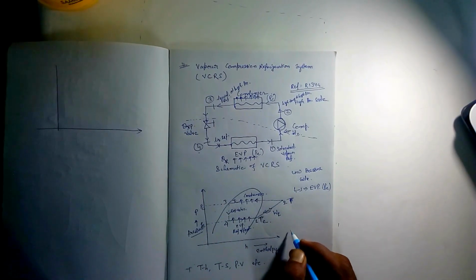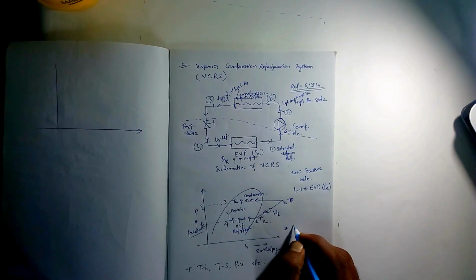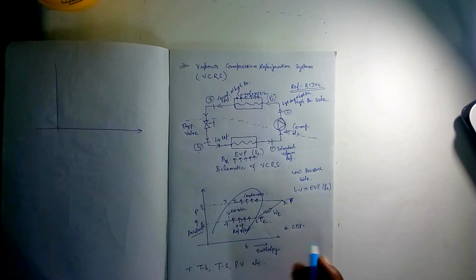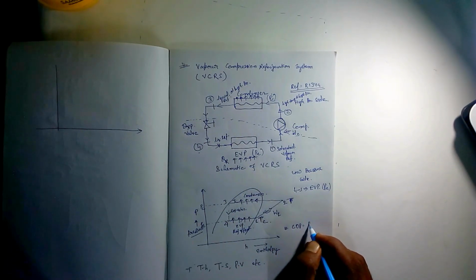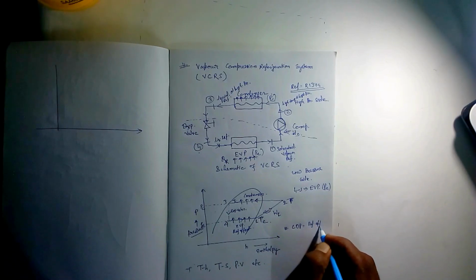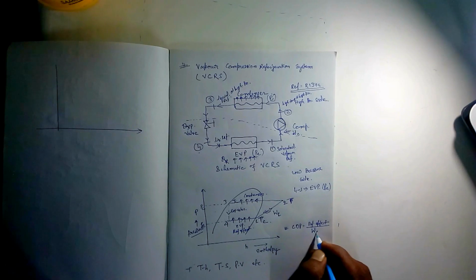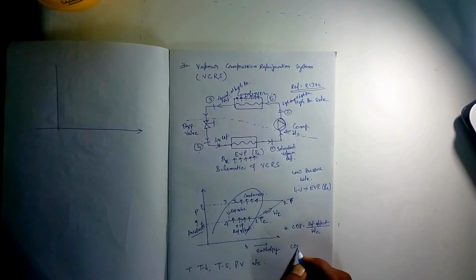One more thing from this cycle's property diagram is a parameter, the COP, the coefficient of performance of this refrigerator. COP is defined as the refrigeration effect divided by the work of compression. It is very clear that as the work of compression increases, COP is reduced.